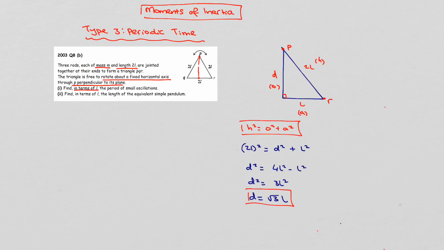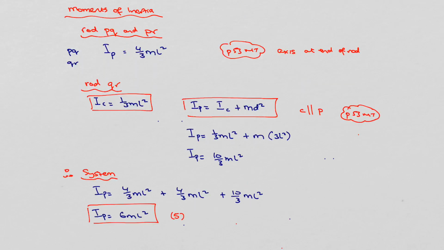Okay, so for the next part, to find, in terms of L, the length of the equivalent simple pendulum. We're still on page 54 of our maths tables, and we find for the simple pendulum our period is given by 2 pi times the square root of L over g.